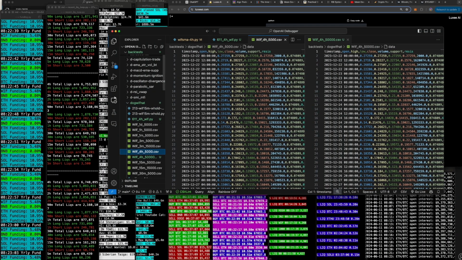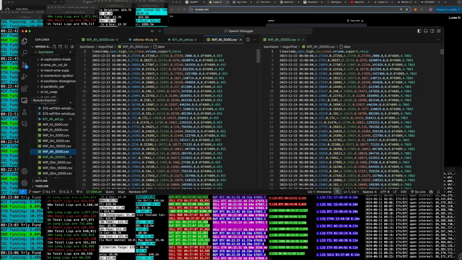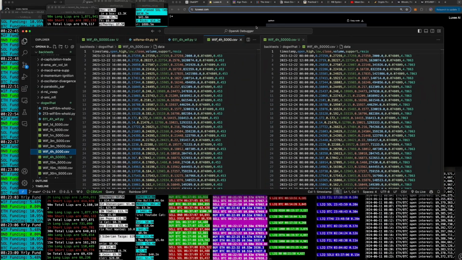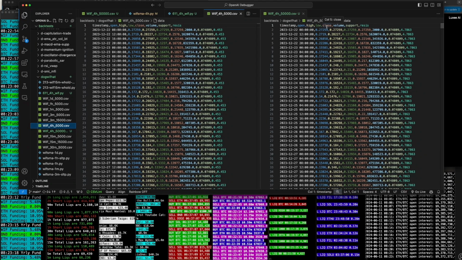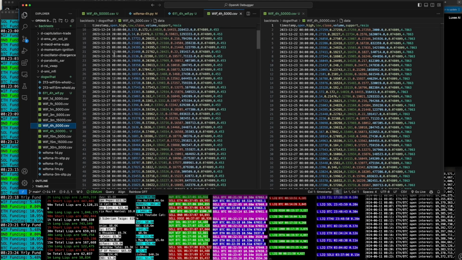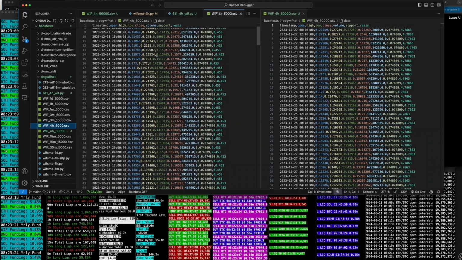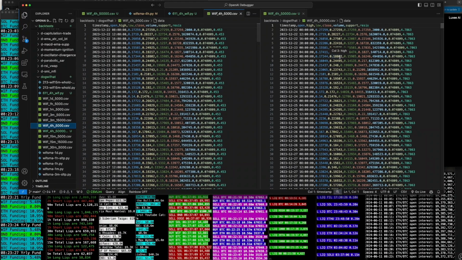I need to know. Let's just go ahead and look at it. Nothing looking different. Open, high, low, close, volume, support. What do you see? Anything? Let me know in the chat. This is crazy.